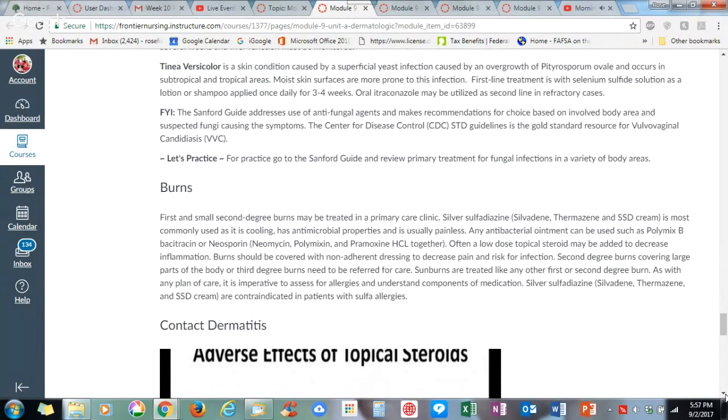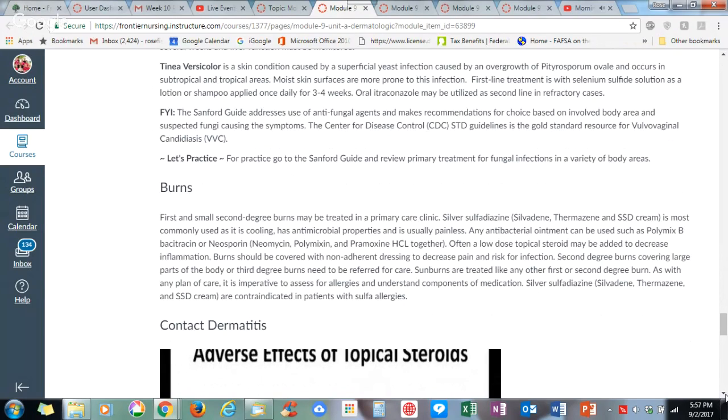Burns, first and small second-degree burns may be treated in a primary care clinic. Silver sulfadiazine, Silvadene, Thermazine, and SSD cream is most commonly used as it is cooling, has antimicrobial properties, and is usually painless.